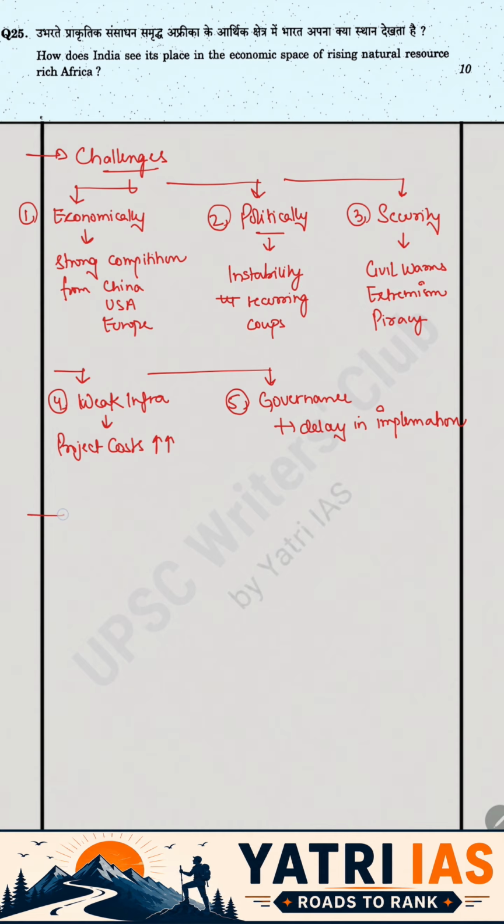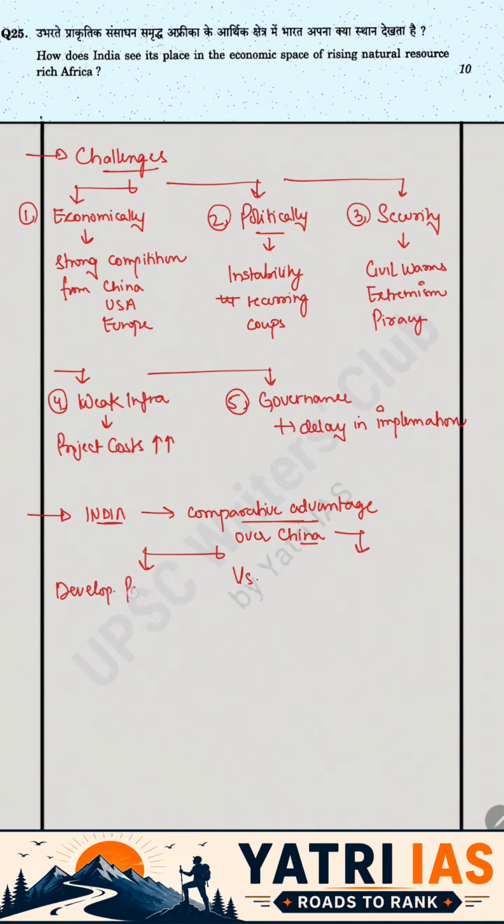And now let me compare, because India has a comparative advantage over China. How? Let's see. India focuses on developmental partnership versus resource extraction by China, which is the sole focus of China.